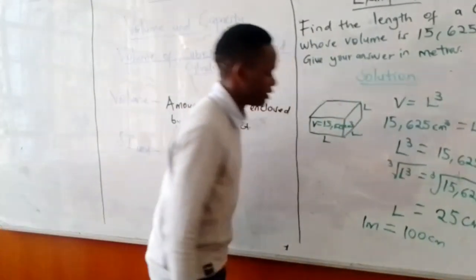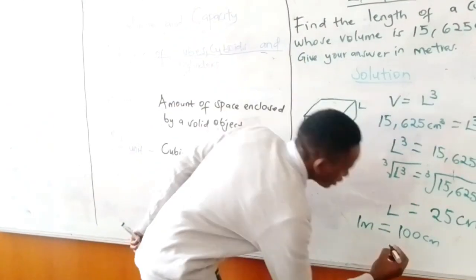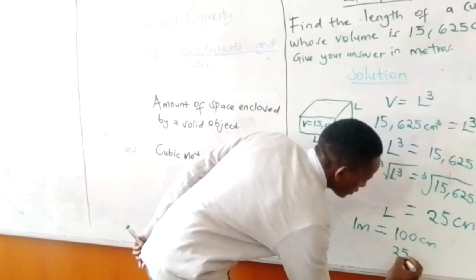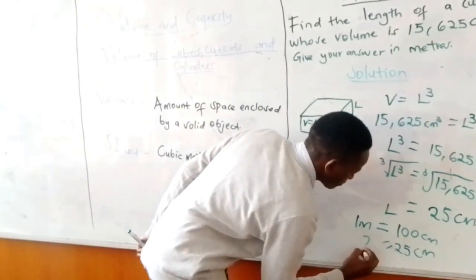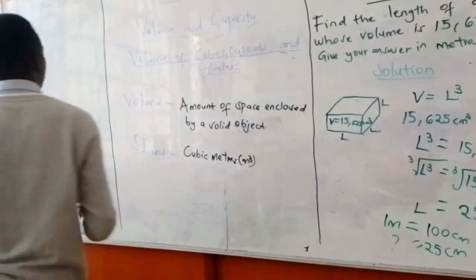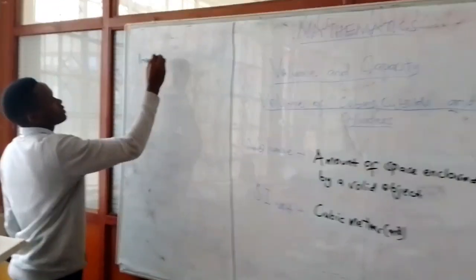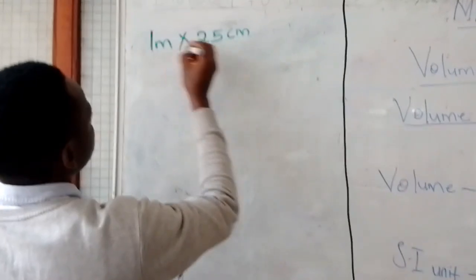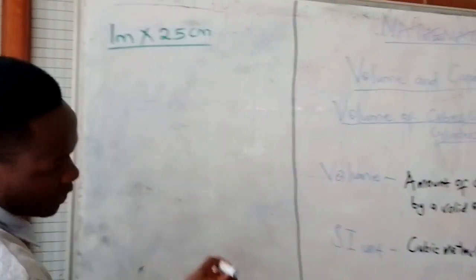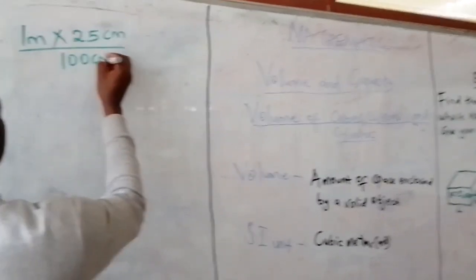But in this case we have 25 centimeters. What we do, we cross multiply. It will be 1 meter times 25 centimeters divided by 100 centimeters.